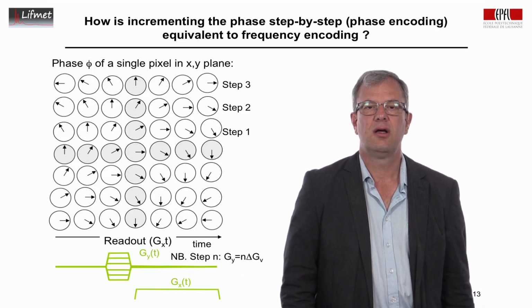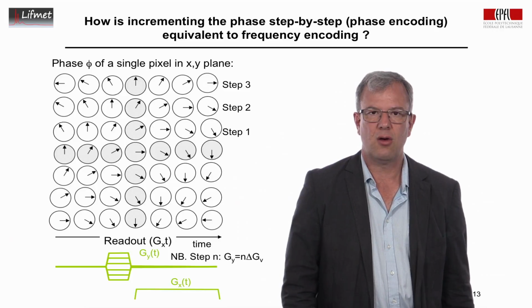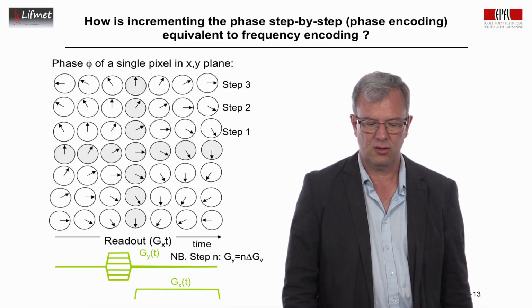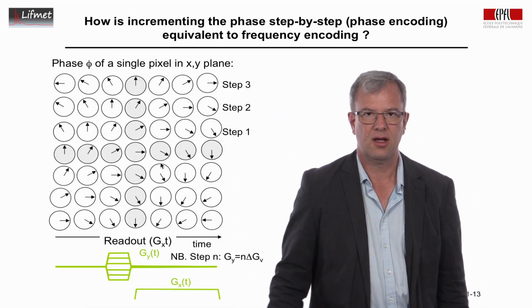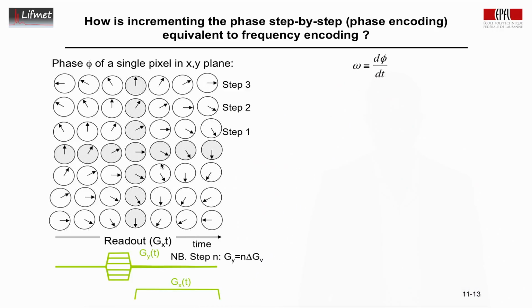And so the phase encoding amounts essentially to frequency encoding, which is what we're doing in the x direction, in the same way. This comes from the simple fact that if we have a change in phase with time, like here, this corresponds to a precessional frequency that we have seen. That's very simple.